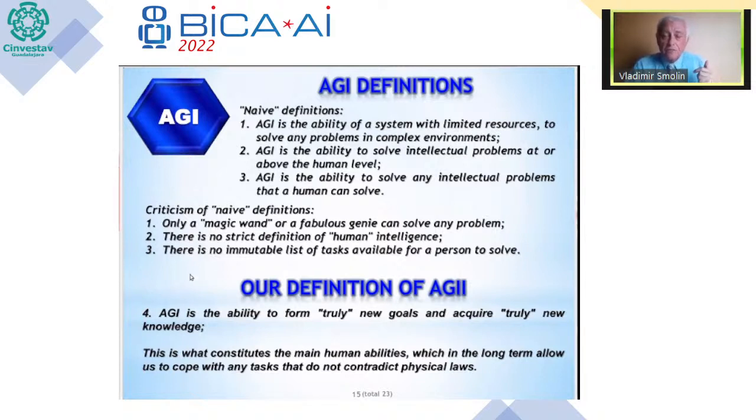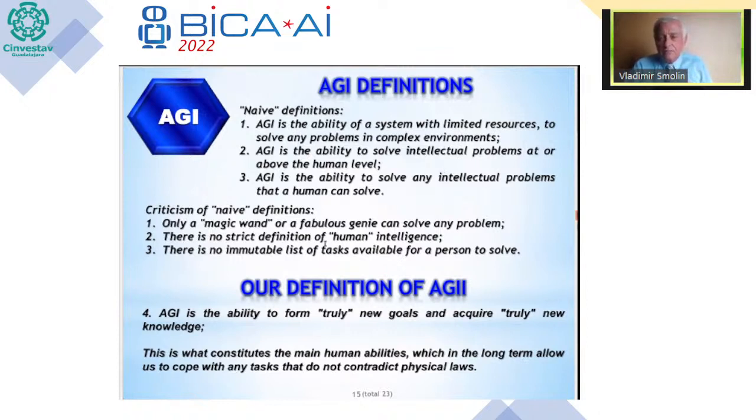There are different definitions of AGI, artificial general intelligence, but the more popular ones are rather naive. They say that AGI is a system with limited resources which can solve any problems in a complex environment.